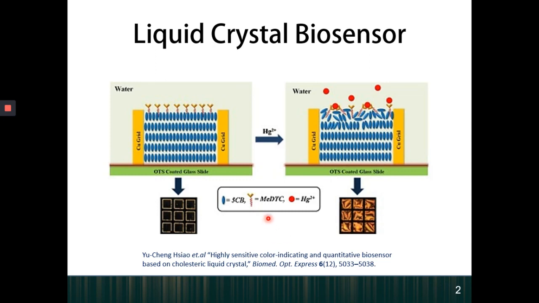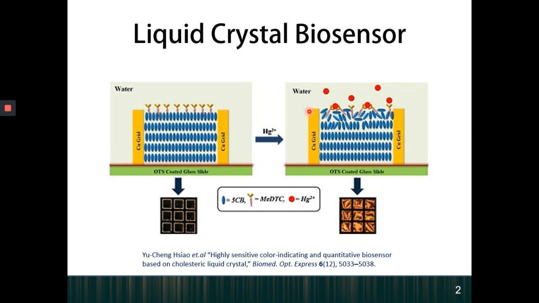So what is a liquid crystal biosensor? You can see that liquid crystals align between the gold grid here, and this gives the alignment layer, and that alignment layer makes the liquid crystals align in the same direction. However, we put some antibody here, or some ligand here.